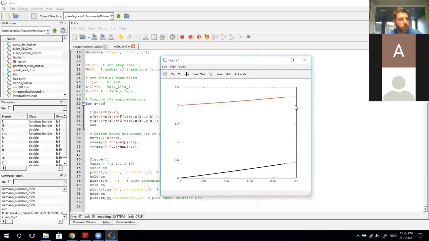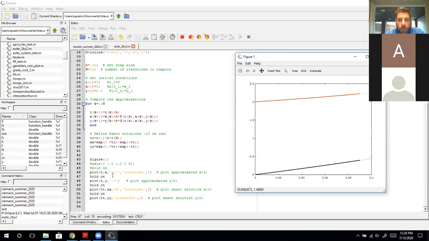So what you'll see is, if you look at my code, the dotted lines, and hopefully you can learn by context. See these 2 dashes here? These 2 dashes tell you to dot the line. So the dotted lines are the approximations, and the solid lines are the exact solutions.